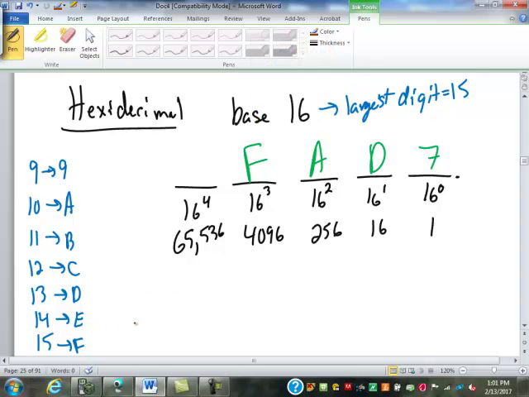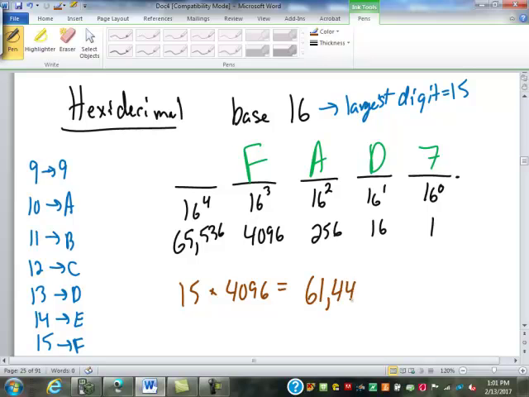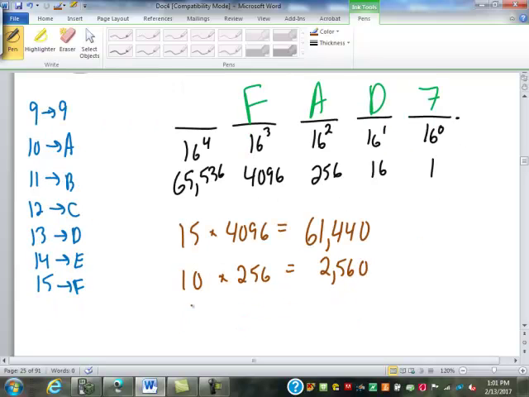So the F, of course, is 15 times 4,096, which is 61,440, okay. The A then is 10, so that's 10 times 256, which will be 2,560. The D is 13 times 16, which would be what, 208?